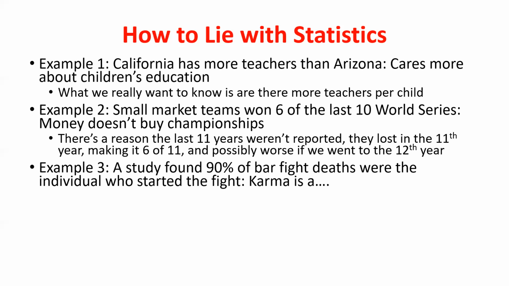Let's just assume all bar fights are 2 people just to make it easy. Who's the only person left? The one who didn't die. Do you think they're going to report that they started the fight, right? The fact that this isn't 100% is insane, because a person who killed someone is telling you, like 10% of them are saying, yeah, I started the fight that led to this person dying. And it's crazy that it's even 10% instead of 0.